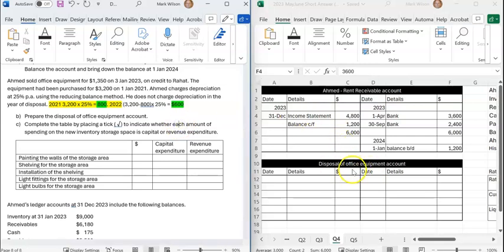So we'll take that over to our disposal account. First thing you do in your disposal account, put the year, and then you put the asset. So the asset that was sold was office equipment. So it's going to be a credit to office equipment because it's going out of office equipment, and a debit to the disposal, 3rd of Jan.